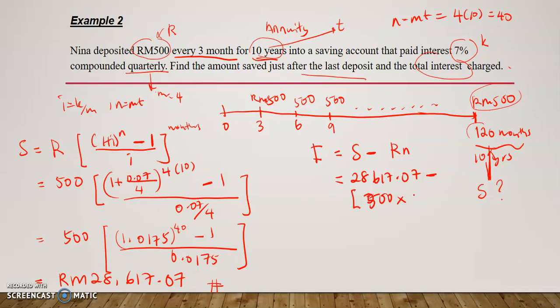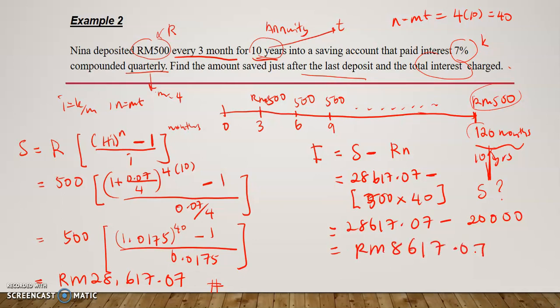So 500 ringgit multiplied by 40 is 20,000 ringgit. So 28,617.76 minus 20,000 ringgit. So the interest is RM8,617.76.